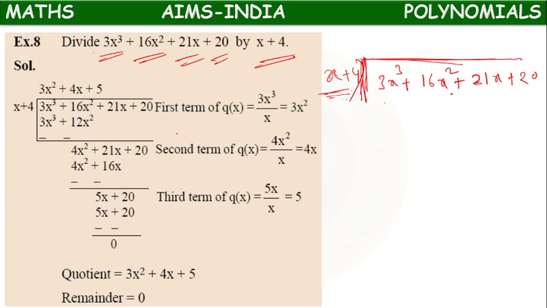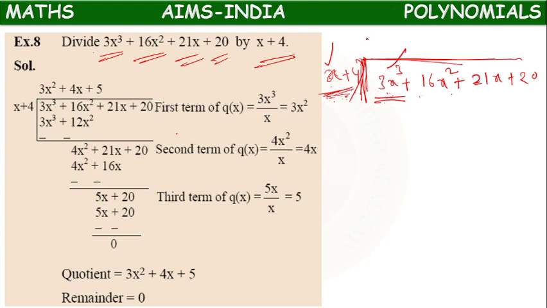This is p of x and this is g of x. We have to divide. So first, whatever first term is there in the divisor, with that we have to compare the first term in the dividend. Then we will get the first term in the quotient.